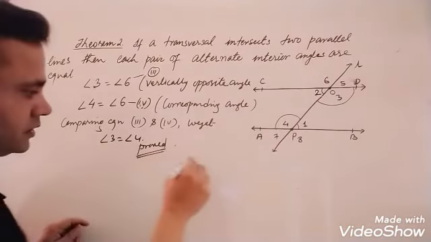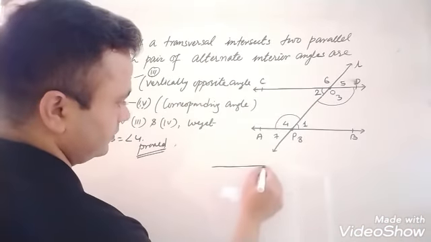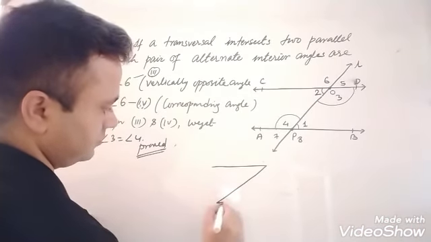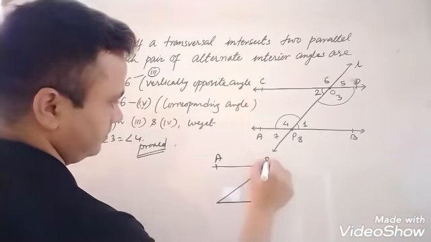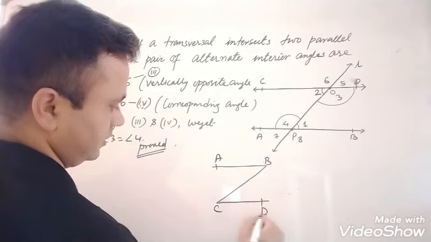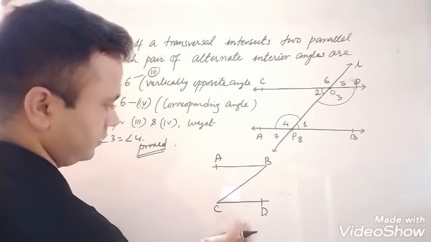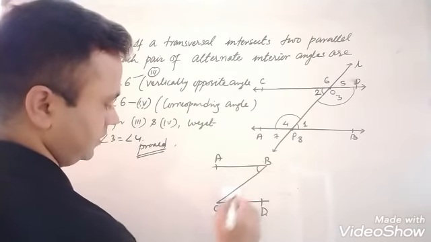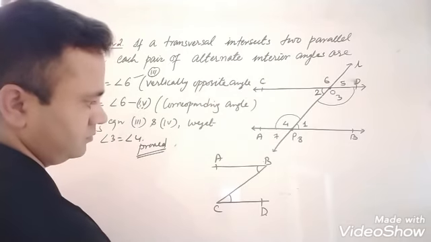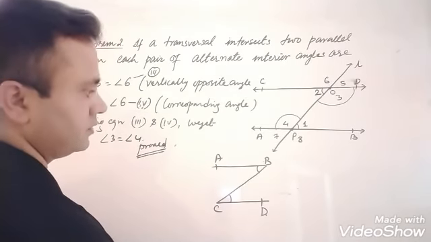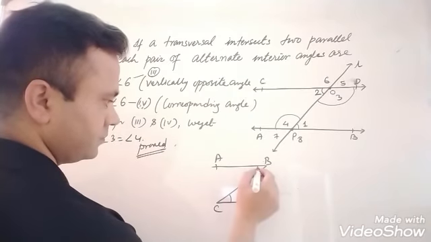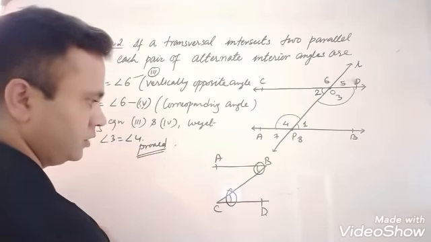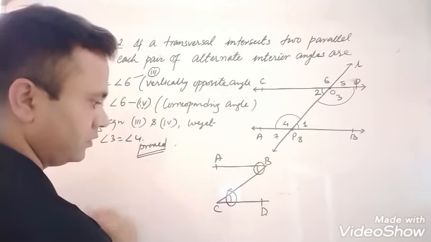If AB and CD are parallel, then these two angles will be equal. If they are not parallel, then these two angles will not be equal. Only for the parallel case.